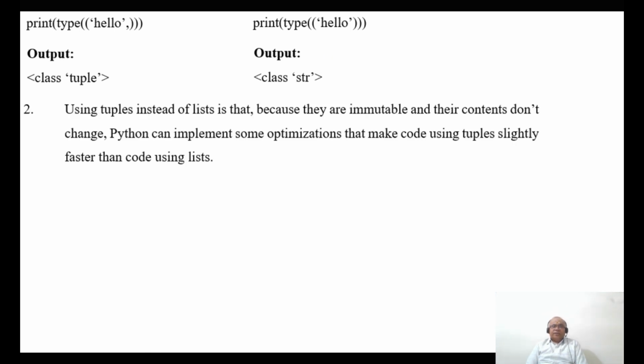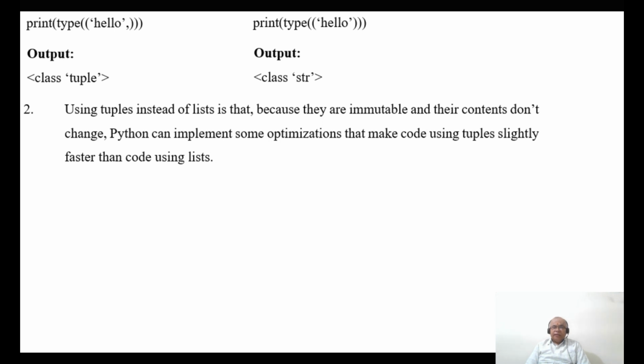Now the second reason for using tuples instead of lists is that they are immutable and their contents don't change.